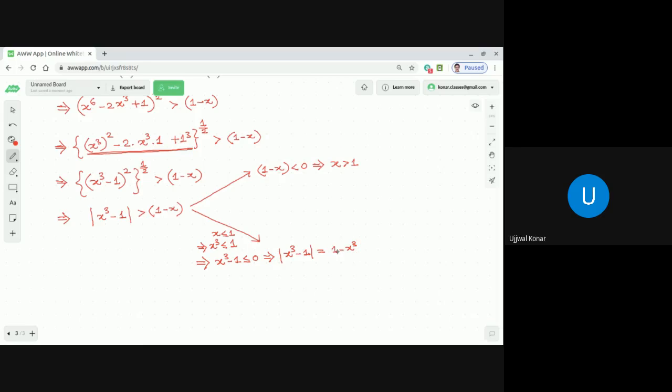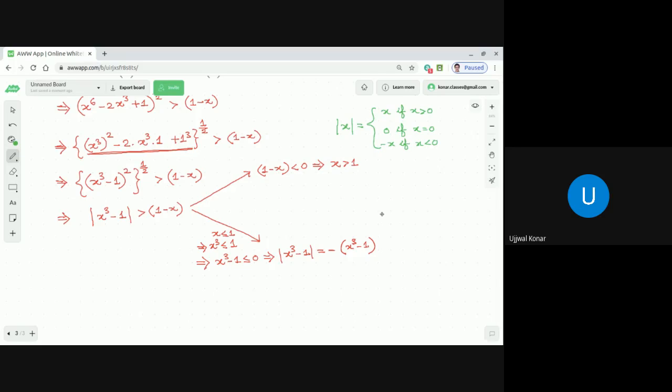And how are we getting 1 minus x cube? You can also write it by going back to the fundamental definition of modulus. Mod x is equal to x if x is greater than 0, equal to 0 if x is equal to 0, equal to minus x if x is less than 0.